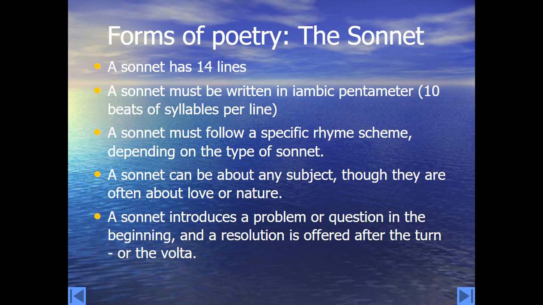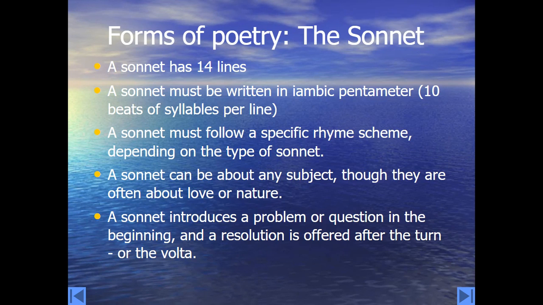The first form of poetry we're going to talk about is closed, and by closed I mean it's pretty structured. So if you come across one of these, it gives you a lot of clues that will help you in analyzing the poem. It's the sonnet. There are actually two types of sonnets, the English or Shakespearean sonnet and the Italian or Petrarchan sonnet.